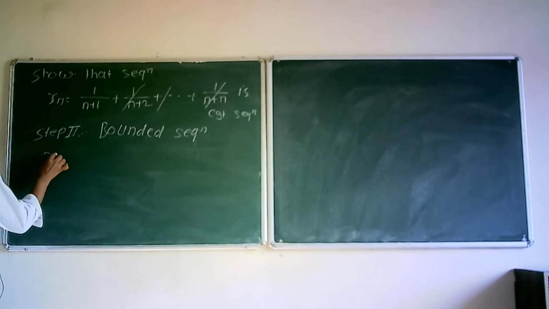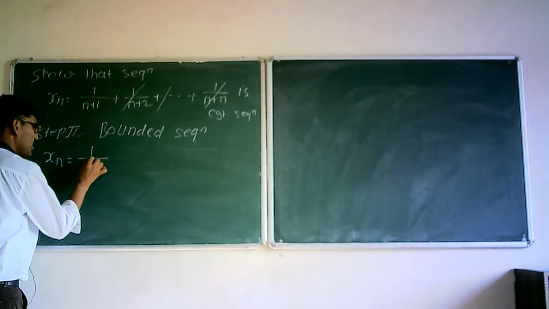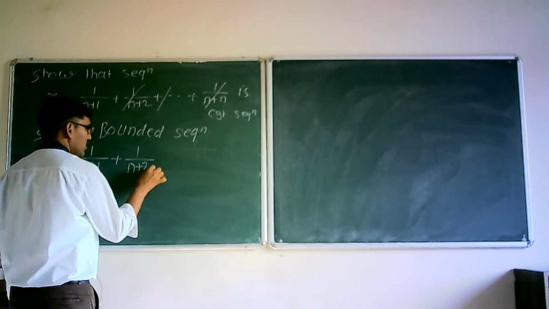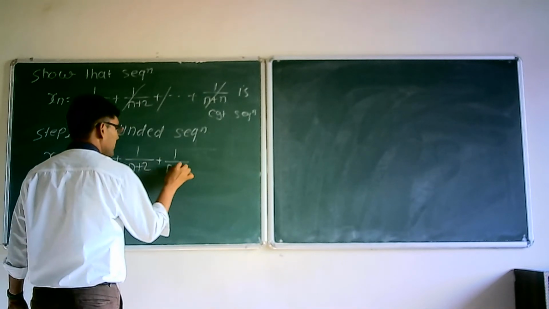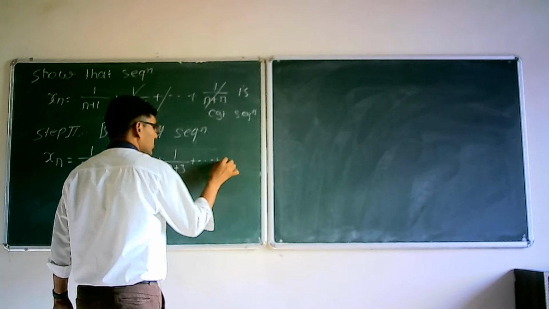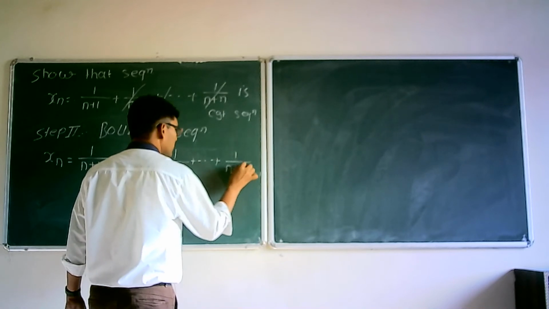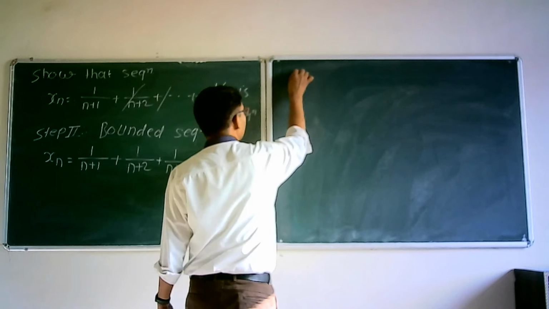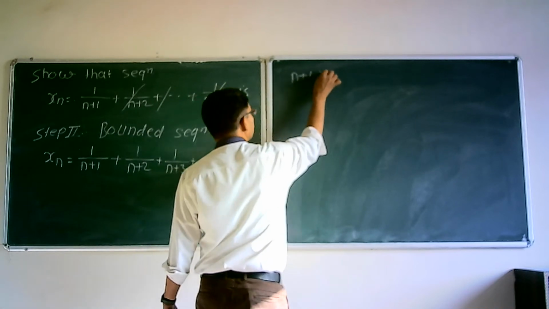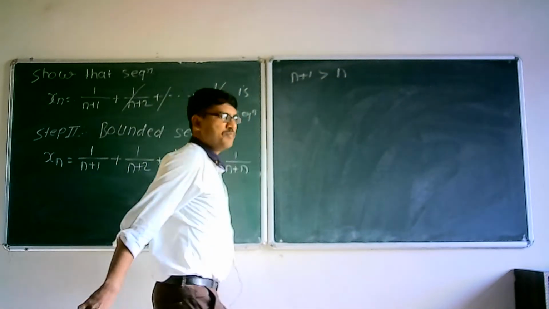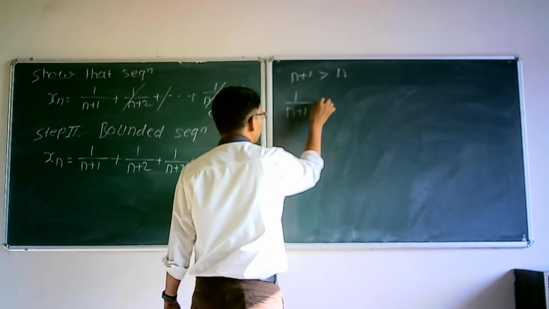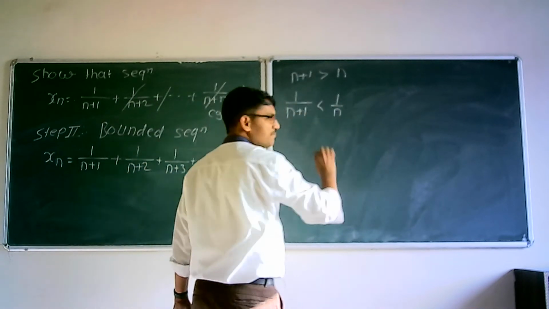Now what is xn here? xn is equal to 1 upon n plus 1 plus 1 upon n plus 2 plus 1 upon n plus 3 plus dot dot dot 1 upon n plus n. We know that n plus 1 is greater than n, which implies 1 upon n plus 1 is less than 1 upon n.